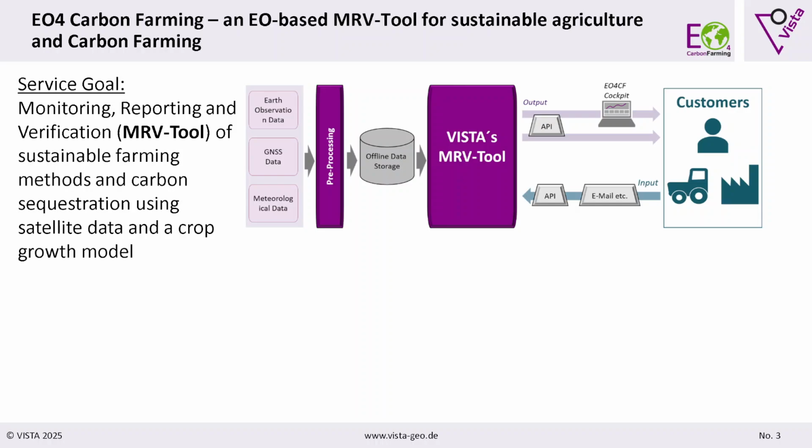On the other side of the MRV tool, we get as an input from the customers via API or email information about their fields, and the output of the MRV tool, so the service results, are also delivered back to the customers via API or via the EO4CarbonFarming cockpit, which has been developed in the project.